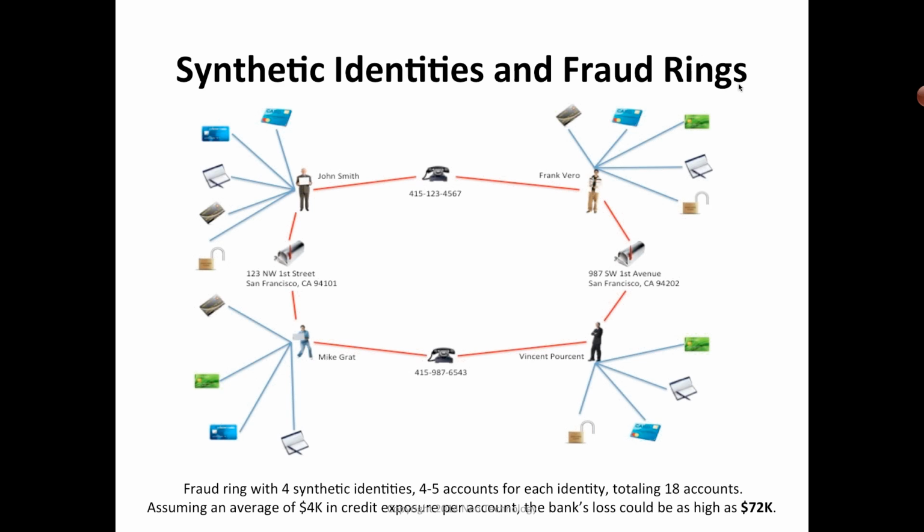So what fraudsters like to do is have as small a ring as possible, and through different mechanisms such as synthetic identities, they are able to inflate the number of fake or synthetic identities that they can create in this fraud ring.